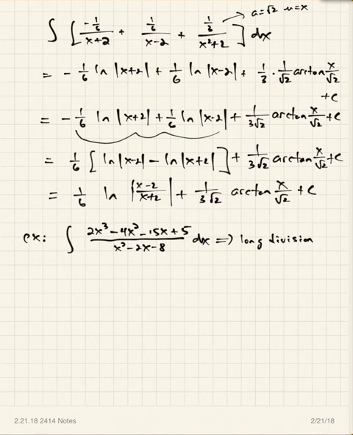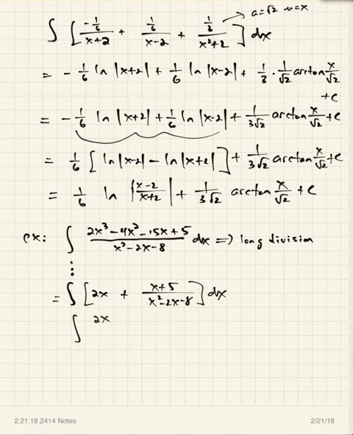And so when you long divide here, I'm going to skip some steps, but when you long divide, you end up with 2x plus x plus 5 over x squared minus 2x minus 8, like that. And you see now you use a partial fraction decomposition on that last term, right?